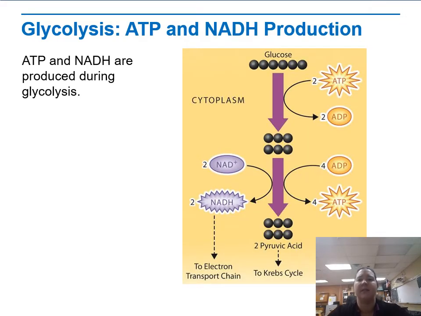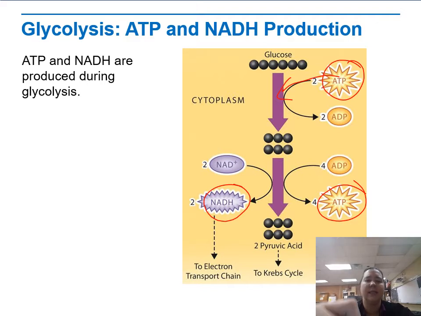Part of that process uses some ATP to make the reaction happen, but out of it comes ATP and NADH.